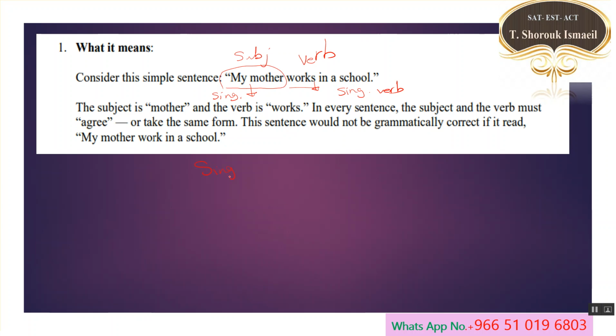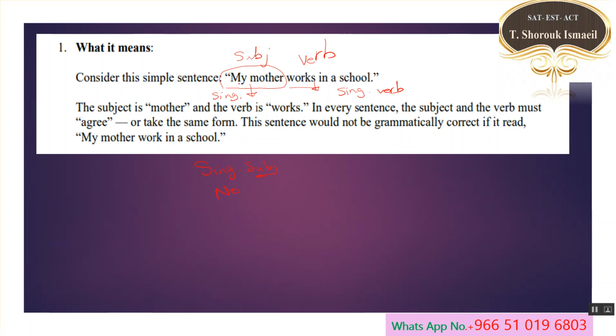By a singular subject, or singular noun, we mean a noun like boy, like girl, all of this. And the singular verb, usually like this one, works.